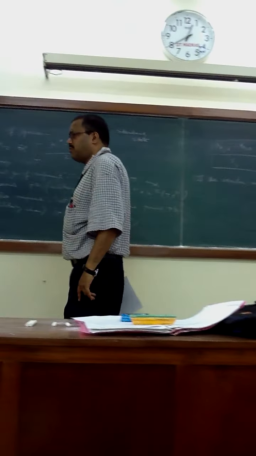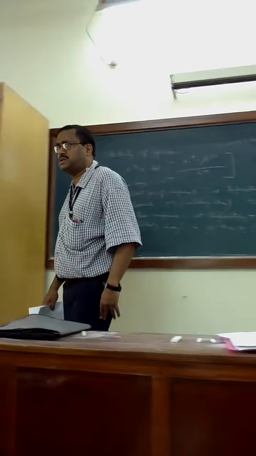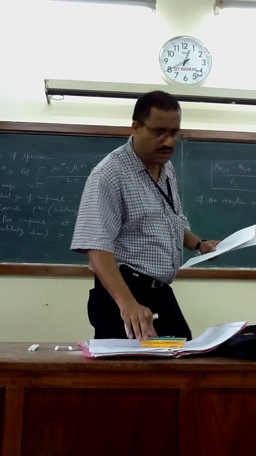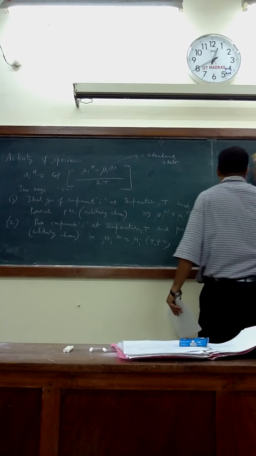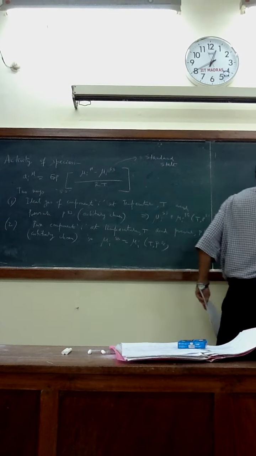So let's proceed further. We have discussed many definitions in this chemical reaction equilibrium. First we'll be talking about the activity measurements, first with the assumption of SS ideal gas, then we'll go to the pure component.